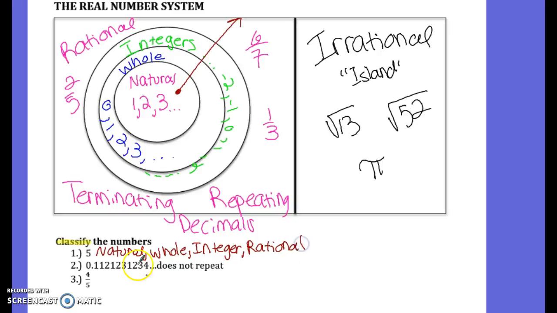Then I have to decide, well, if it's rational, it's either terminating or repeating. It's terminating because it's 5.0. It's a terminating decimal. Let's look at number 2, 0.1, 1, 2, 1, 2, 1, 2, 3, 1, 2, 3, 4. It does not repeat. If it doesn't repeat, it would be over here in irrational island. Well, irrational island's only irrational.